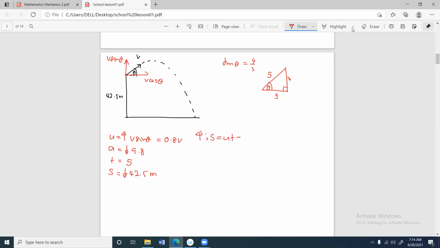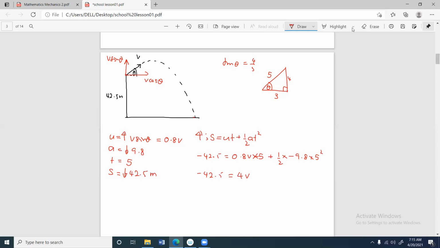It's up to you, whichever way you get the same answer. Since upwards is positive, S is minus 42.5. U is 0.8V, into time 5, plus half into minus 9.8 into 5 squared.